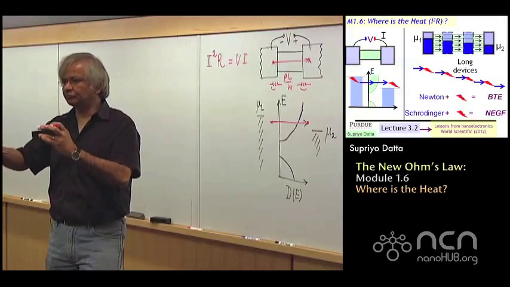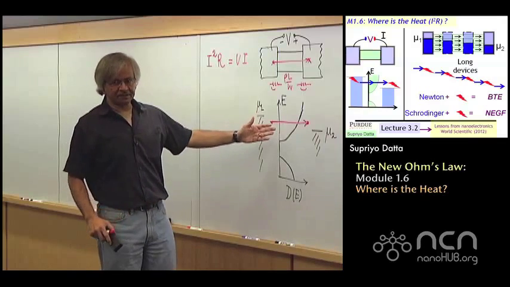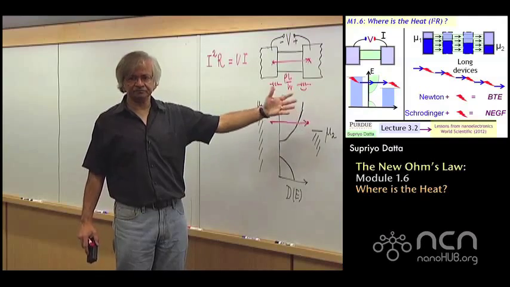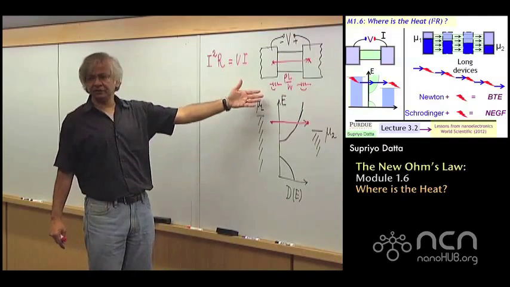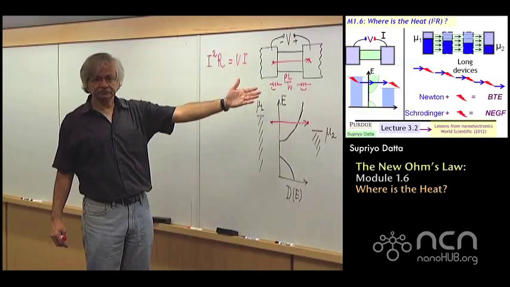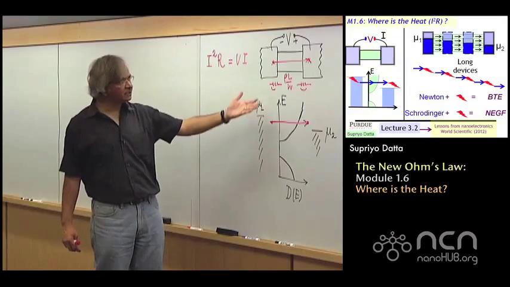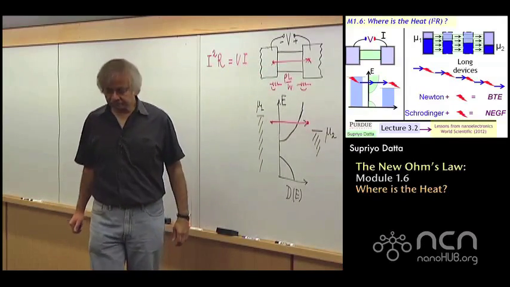And that's what would be like heat. But in small devices then, you can almost assume that the electron doesn't exchange any energy. And then the question is, but we are calculating a resistance, sure enough, and there's a current, so there's heat. So where is the heat? How is the heat getting generated then?